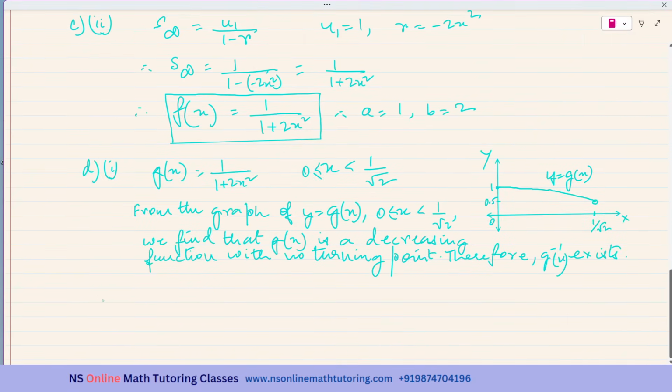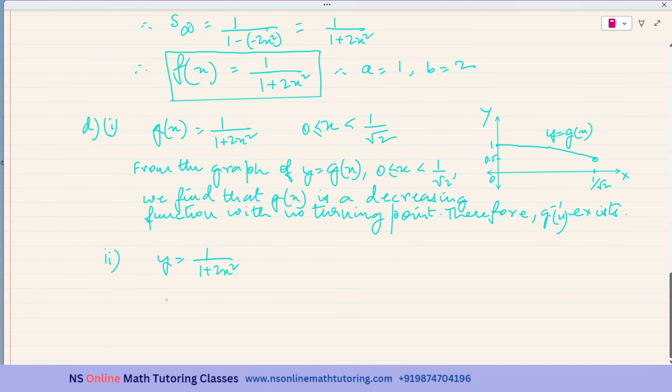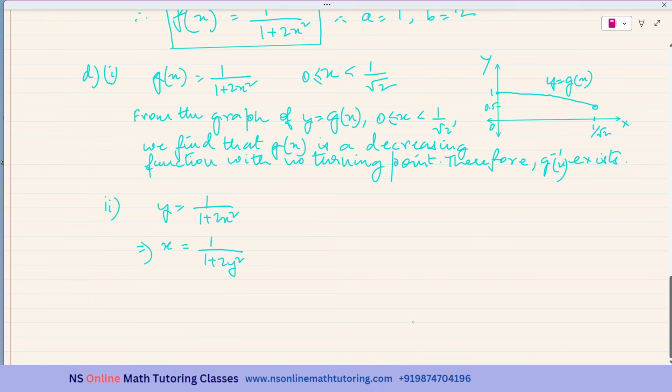So this is y in place of g of x. I am writing y equal to 1 over 1 plus 2x square, and now I will be writing x in place of y and y in place of x. So x equal to 1 over 1 plus 2y square, and I have to make y the subject.